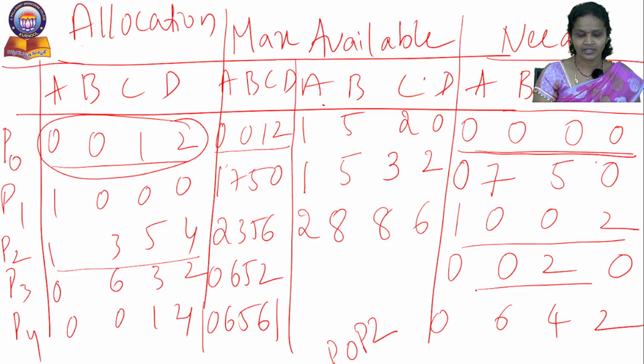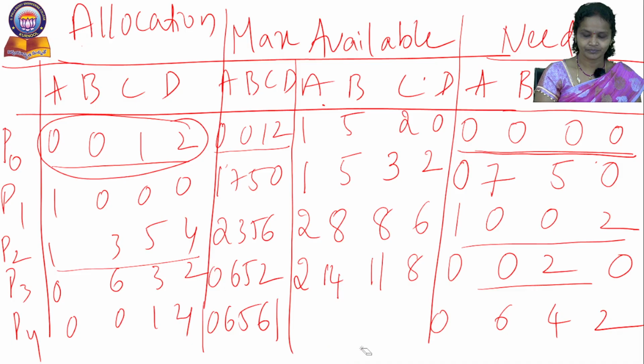We can give the current available resources to process P3. Again, whatever resources were allocated to process P3, we are going to add to the available. So 0 plus 2 is 2, 6 plus 8 is 14, 3 plus 8 is 11, 2 plus 6 is 8. These are the current available resources.